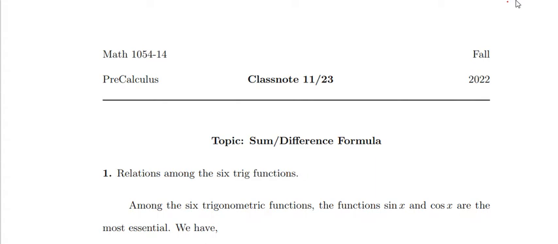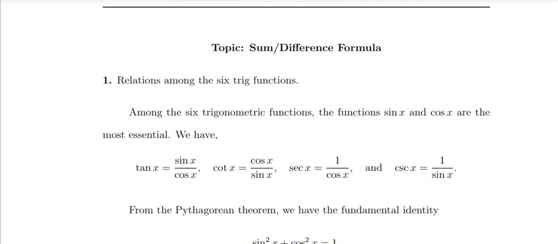Last class we discussed some trigonometry identities. Even though we have six trigonometry functions: sine, cosine, tangent, cotangent, secant, cosecant, right?